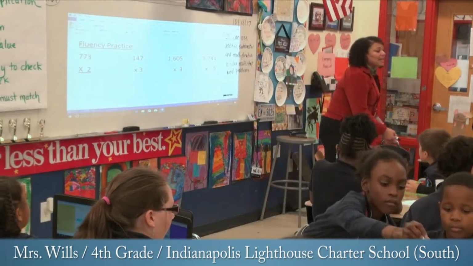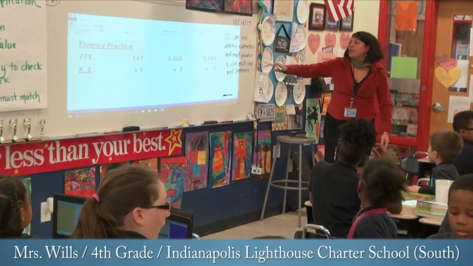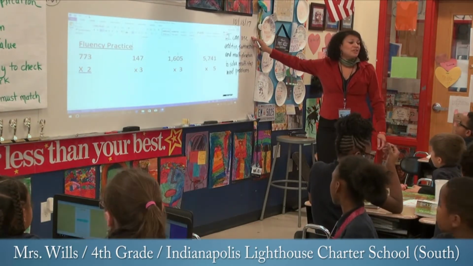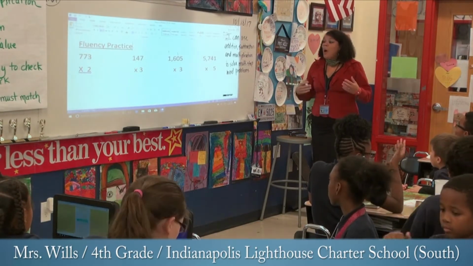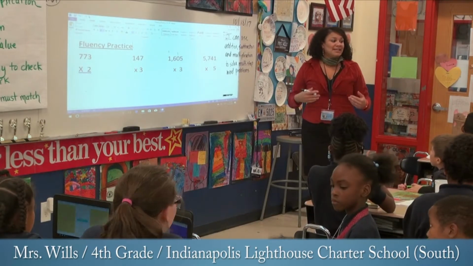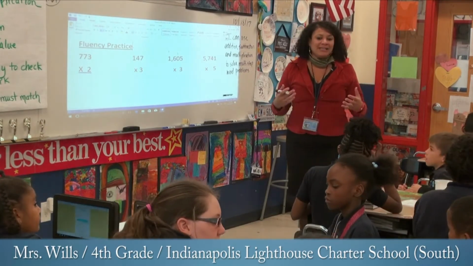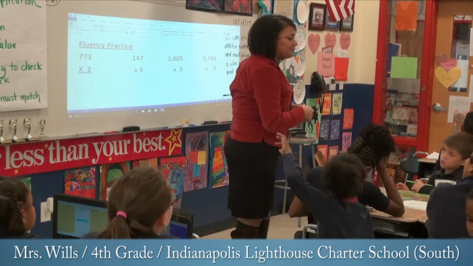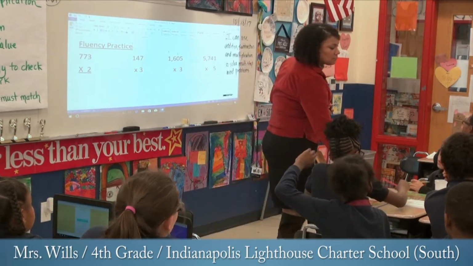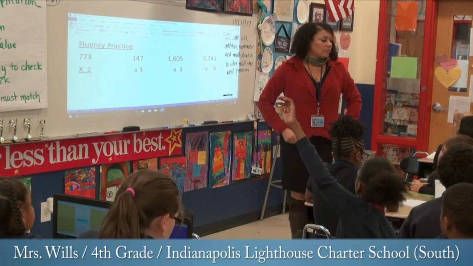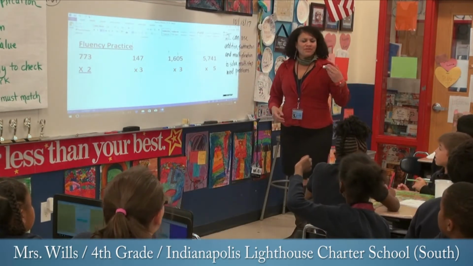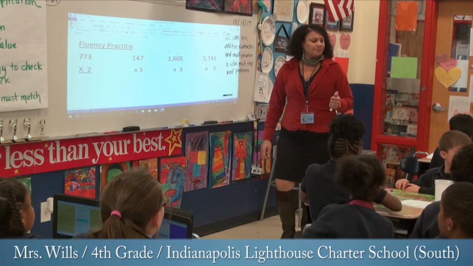Boys and girls, like I explained earlier, for today's lesson we are going to use addition, subtraction, and multiplication to solve multi-step word problems. When I say a multi-step word problem, what exactly does that mean? Susie? It's a word problem that has many steps to it before you find your answer. Beautiful job. Can you say that a little louder so everyone can hear?